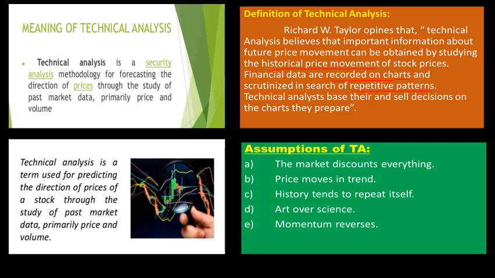Generally they assume that price moves in trend in the stock market. Trend means up, bull trend or bear trend. If there is a bull trend in the stock market, then they assume that in the same direction the prices of the security will also move. And if there is a bear trend in the stock market, then they assume that the prices of the security fall down due to the bear trend.